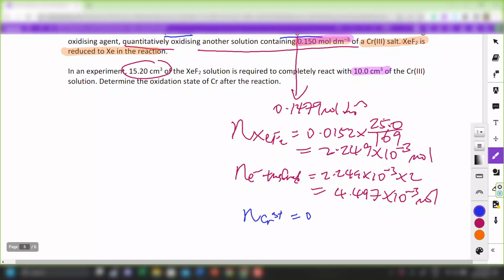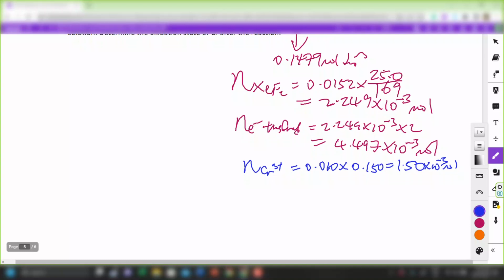That will be 0.010 multiplied by 0.150, and this will give us 1.50 times 10 to the power of minus 3 moles. Same logic: 1.50 times 10 to the power of minus 3 moles of chromium 3 will give out 4.497 times 10 to the power of minus 3 moles of electrons to 2.249 times 10 to the power of minus 3 moles of xenon difluoride.